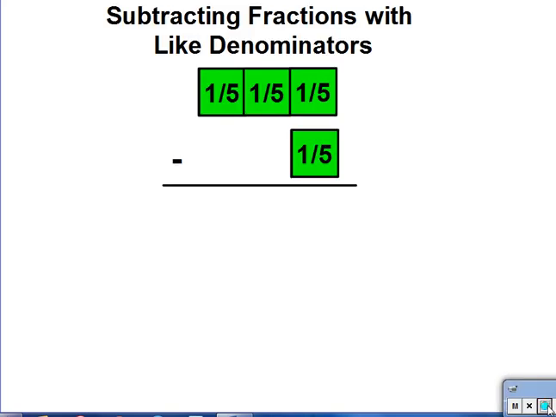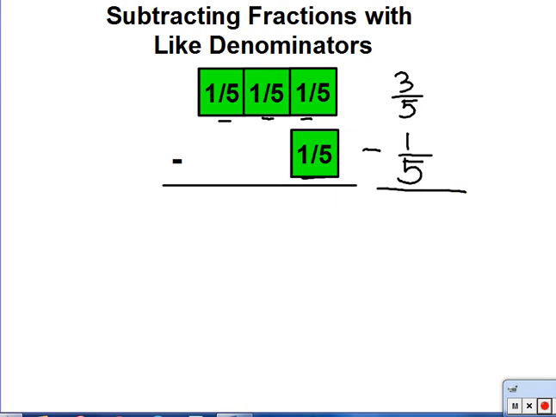Okay. Let's try out subtracting fractions with like denominators using these area models. Each box represents 1/5. So our first model shows us 1, 2, 3, 3/5 minus 1/5.